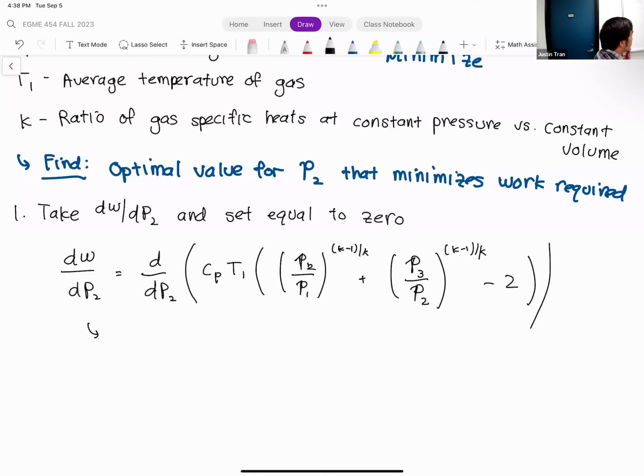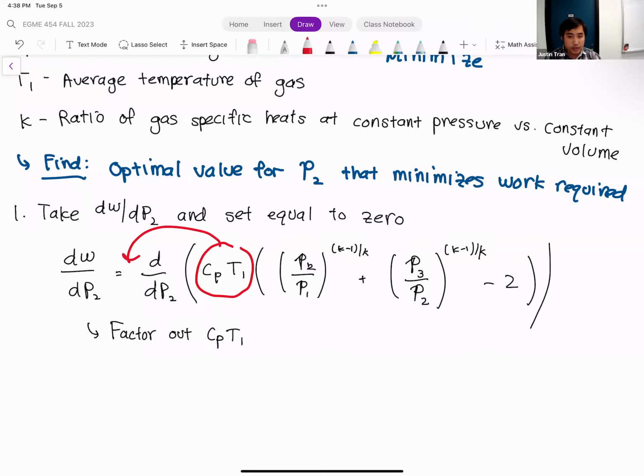Okay. All right, so first thing I'm going to do is, since I know that Cp and T1 are both constants, we're not taking derivatives with respect to these, and neither of those things depend on P2. Let's factor those out. We have Cp T1, just a constant multiplying the whole thing, and so when we take the derivative, we can just pop that out in front just like that.